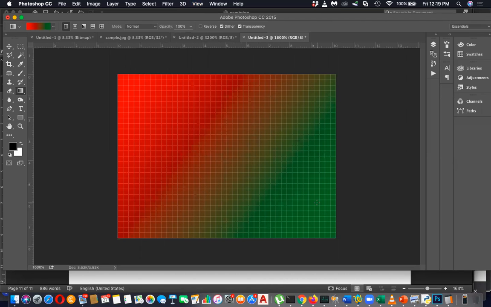Why? Here you have 40 pixels, down you have 30. 40 into 30 means 1200 pixels. So you can see a maximum of 1200 colors, no? Understood?